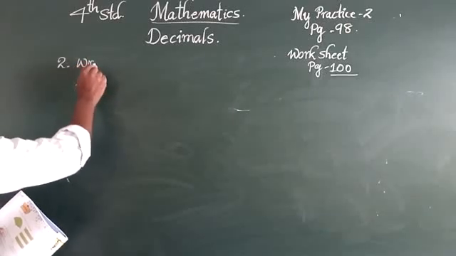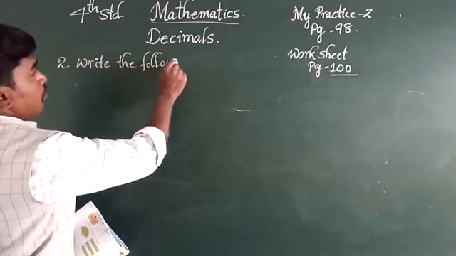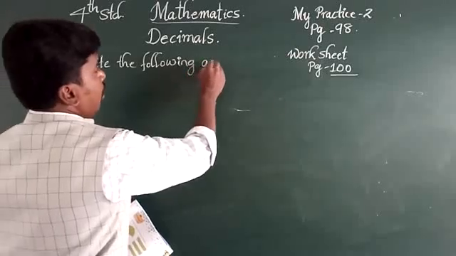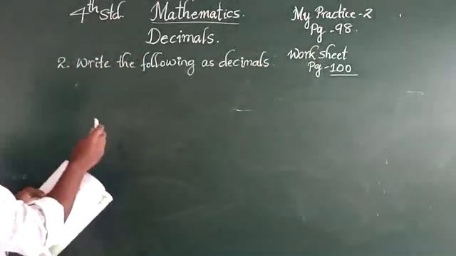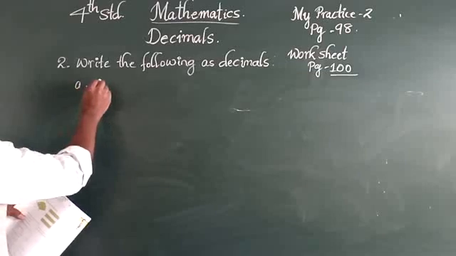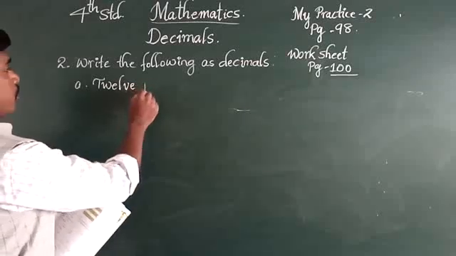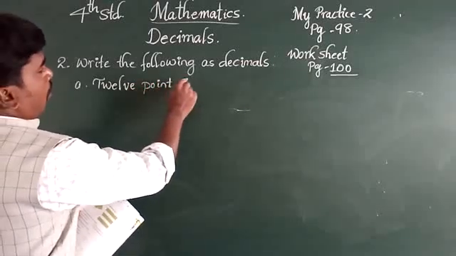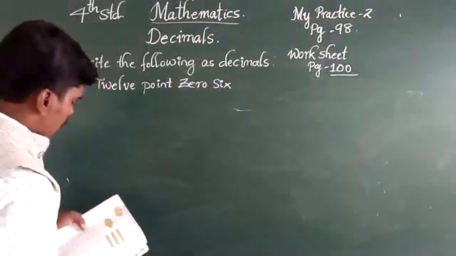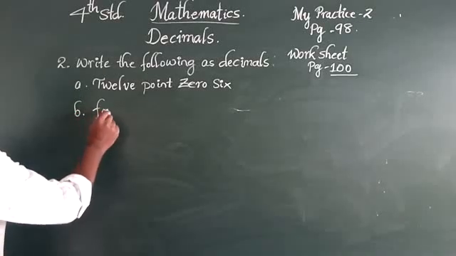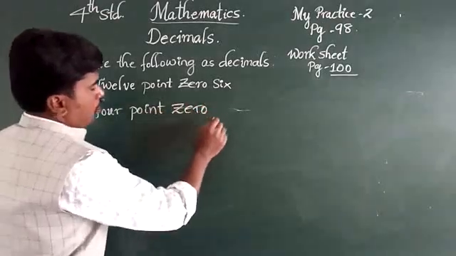Write the following as decimals. Which are 12.8, 12.06, 4.05.